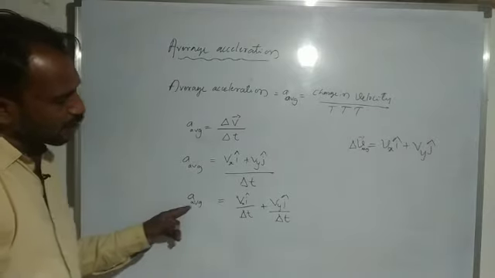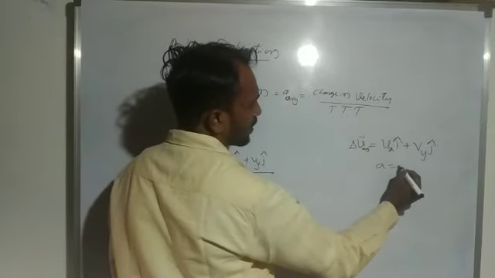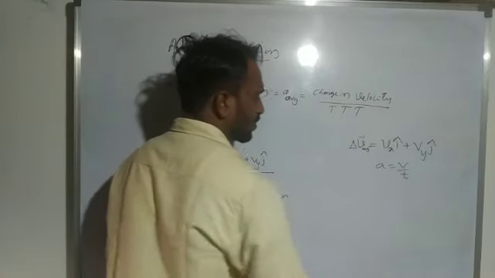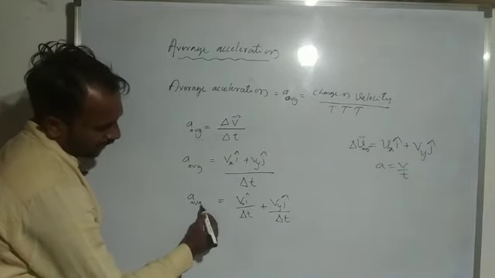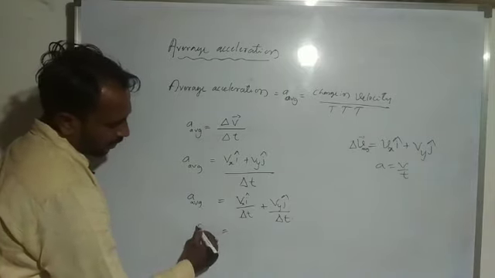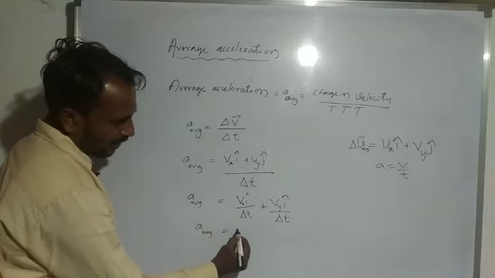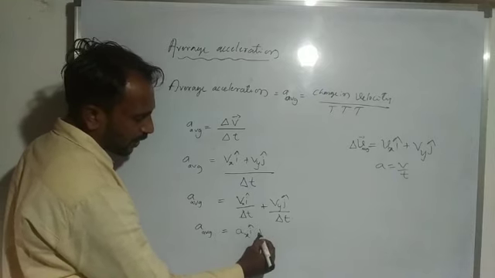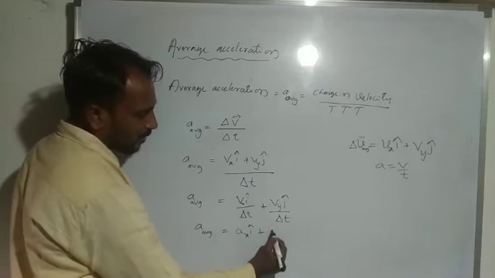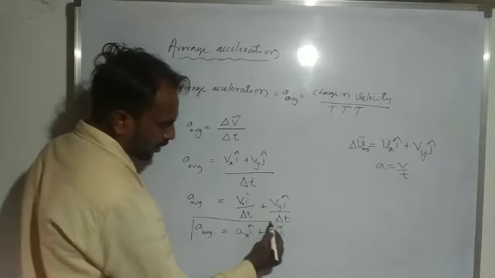Acceleration means velocity by time, so acceleration is equal to velocity divided by time. This is the acceleration formula. So average acceleration is equal to Vx by delta t, which is acceleration along the x-axis, plus Vy by t, acceleration along the y-axis.